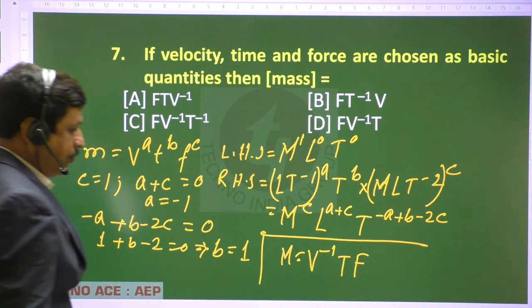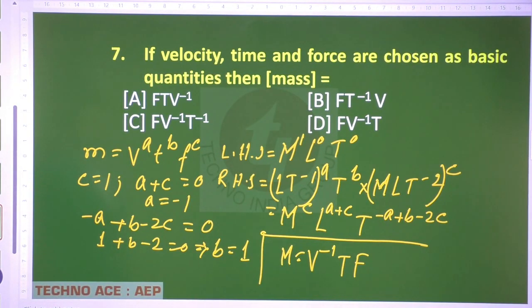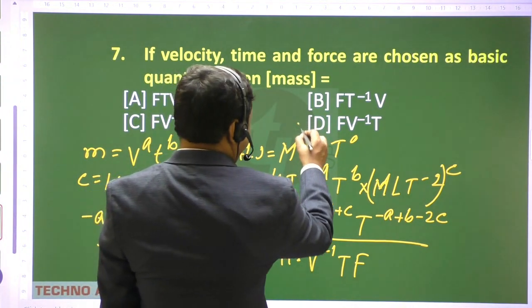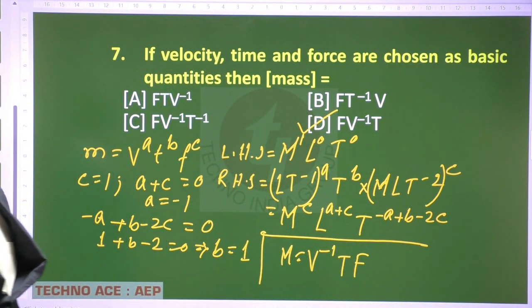So the dimension will be v to the power minus 1, t, F. Which one is correct? v to the power minus 1 t F, that is option D. Option D is correct.